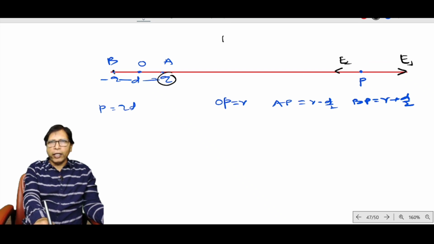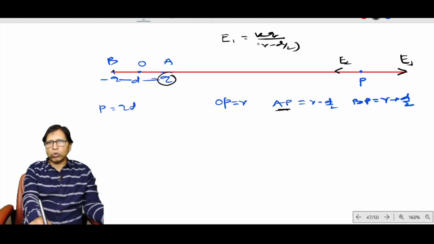E1 is KQ divided by distance squared, where the distance is AP, R minus D by 2, whole squared. E2 is KQ divided by R plus D by 2, whole squared.